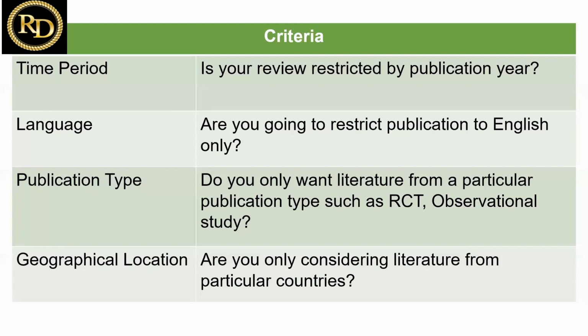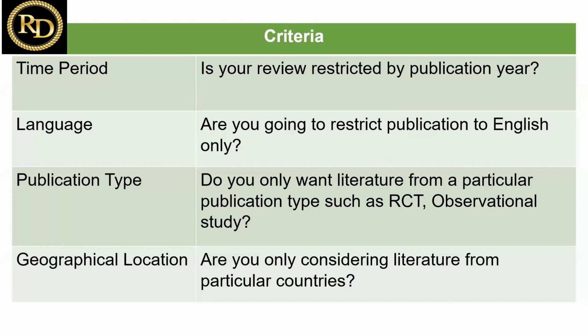Then we can also use language. If you are going to restrict publication to a particular language, for example English, then you can use language filters. Then we also have publication type. Do you only want literature from a particular publication type, such as randomized controlled trials? If you are only looking for observational studies, then you can use publication type.